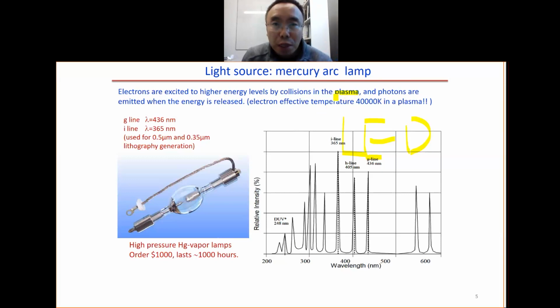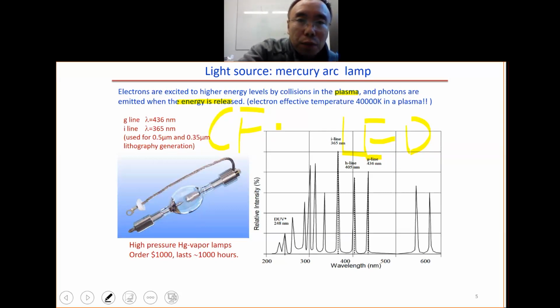So we have the plasma, electrons and ions. They are excited. When they come back together, the light will be released when the electron and ion recombine. This is also used for lighting.